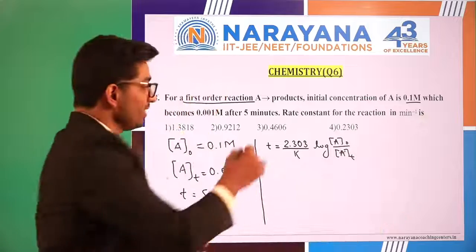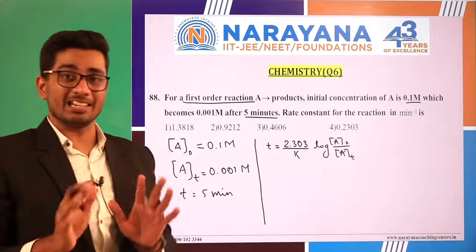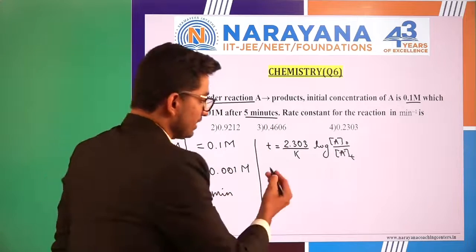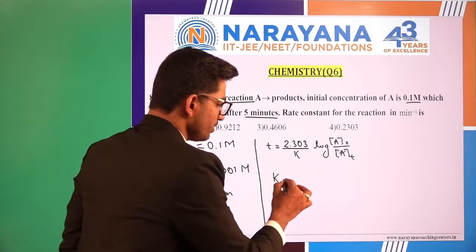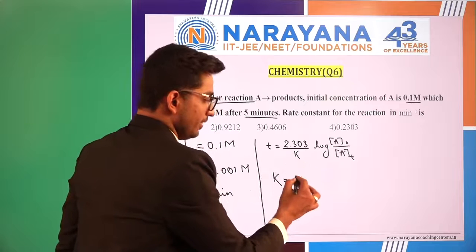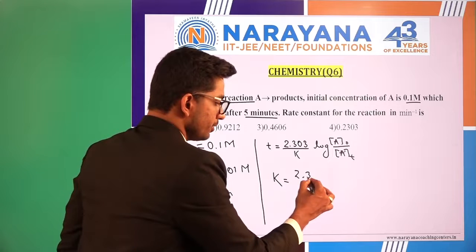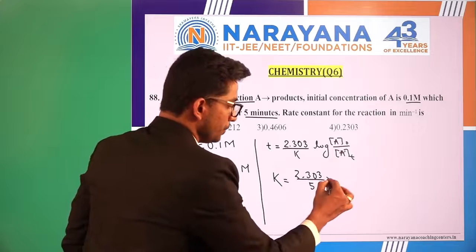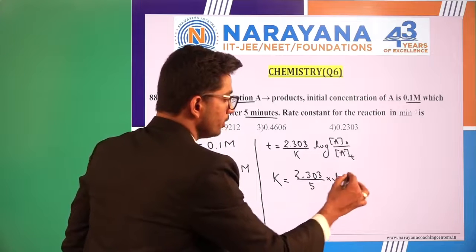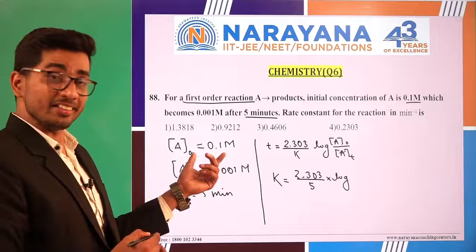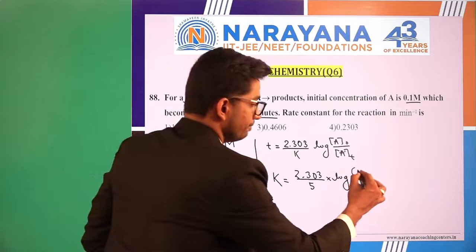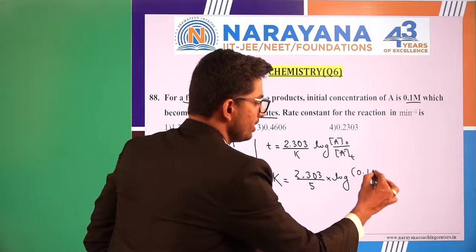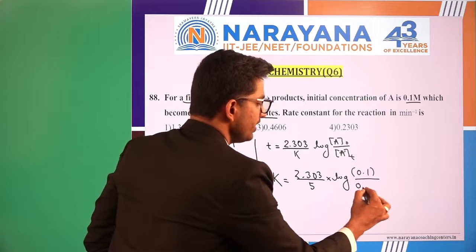The unit is minutes, so we don't have to change that. Just find the value of k. We put t here, so it is 2.303 upon 5 into log of, what is the value of A naught? It is 0.1. And what is the value of A t?